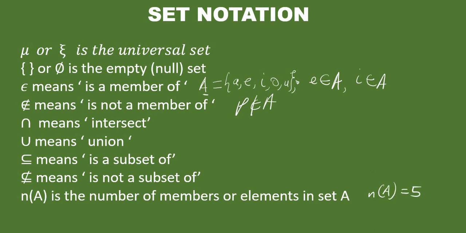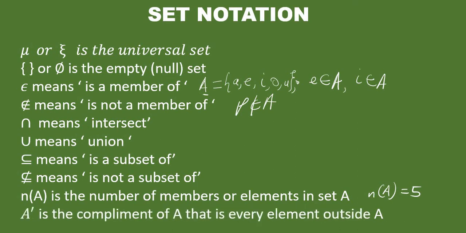Is that clear? Next is A prime. It is simply the complement of A. What is outside A that is not in A? So the elements you have in the universal set that are not in A. To do that, we can put A complement like this. This is another way you can represent it.